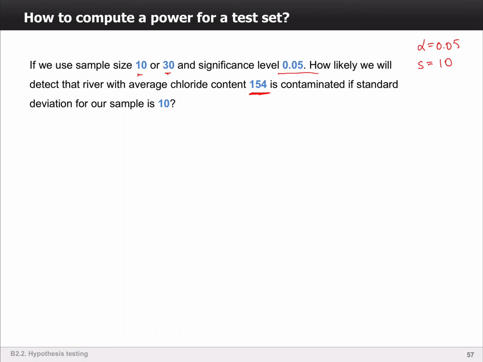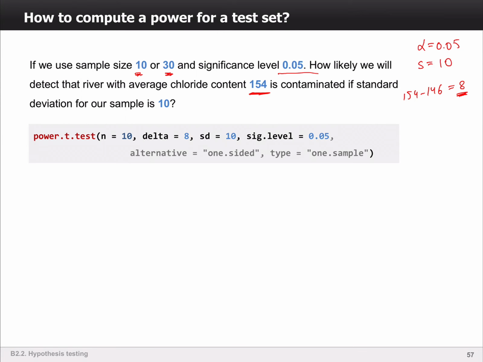That's 154 minus 146, the maximum acceptable limit, which is 8, right? So this is the size of the effect. How likely will we see this effect if the sample size is 10, and how likely if the sample size is 30? That's the code in R that calculates it. It has many arguments, so let me discuss each of those. This is the function power.t.test, which calculates the power of a t-test.